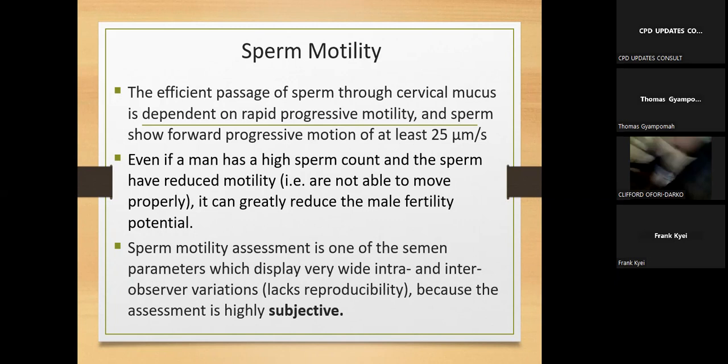That's why motility is a very important parameter in sperm assessment. And to show fast movement, you should be able to move at least 25 micrometers per second. That is the standard movement.